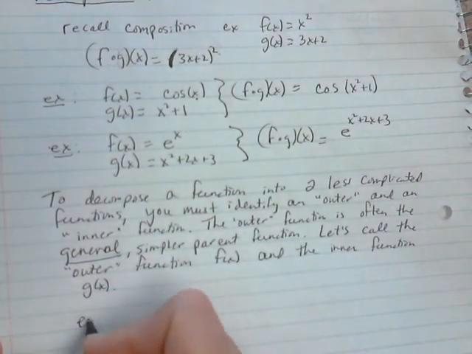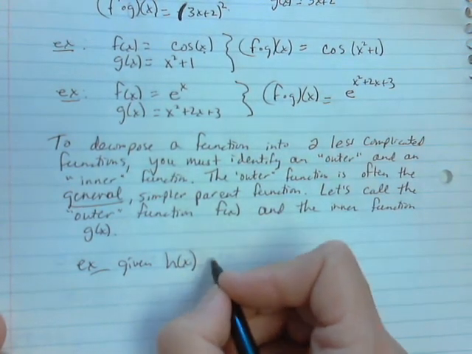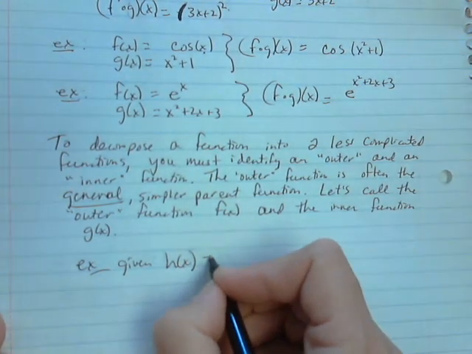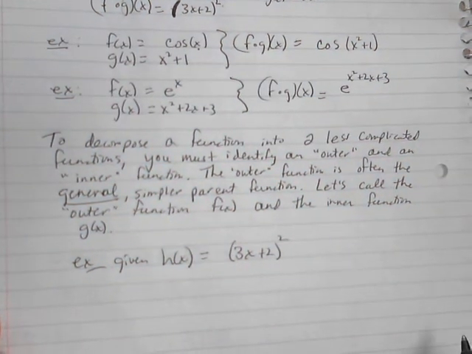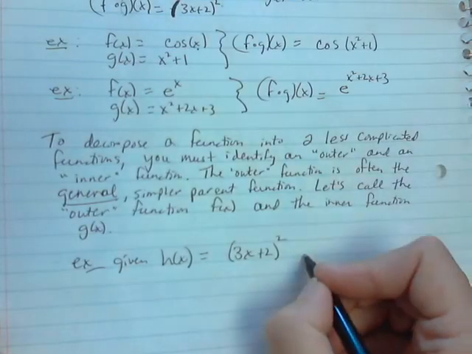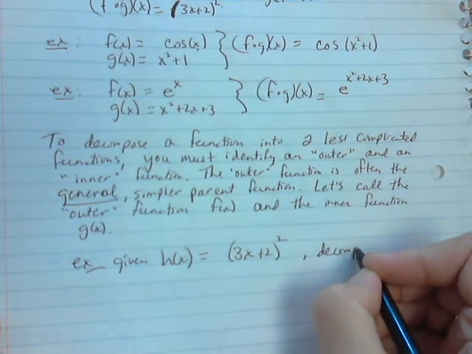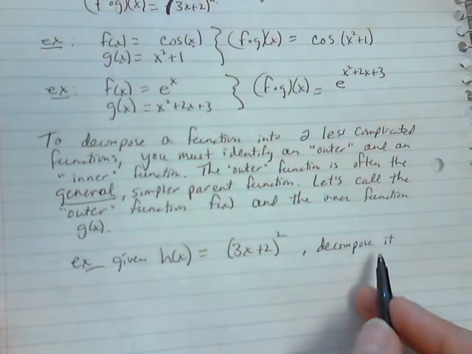So let's suppose we're given h of x. H of x is our complicated function. Let's say we're given h of x is equal to 3x plus 2 squared, and we're asked to decompose this function into f of x and g of x.